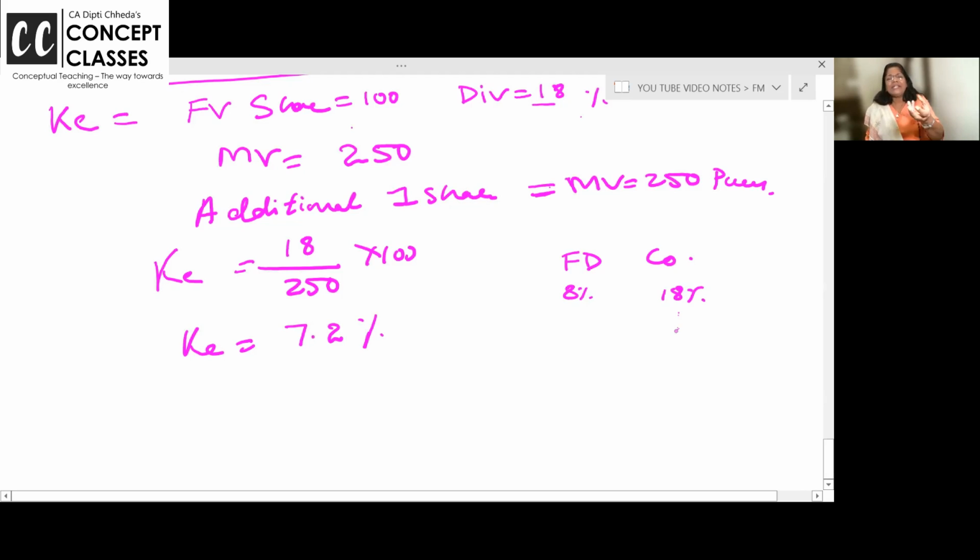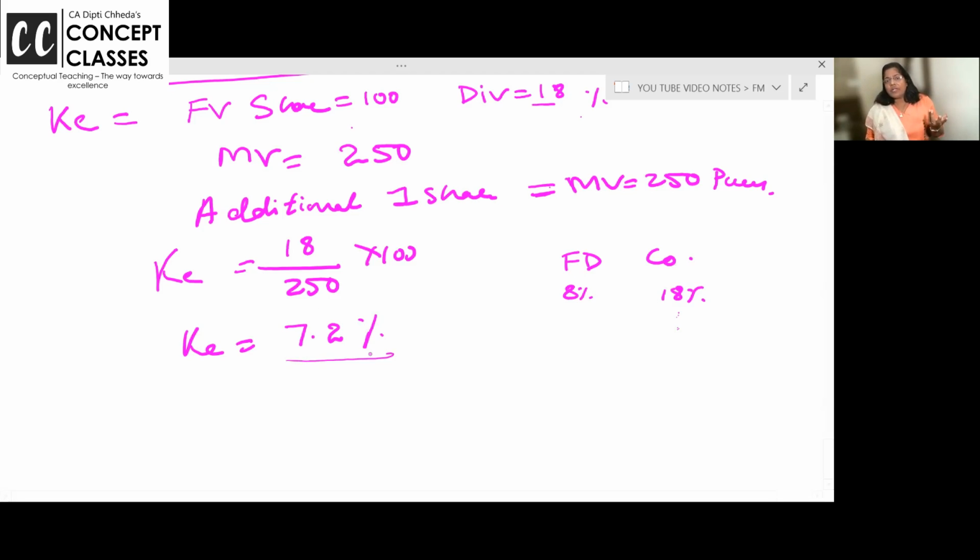Otherwise, you could say, ma'am, 18% is the cost of the equity shareholders. But you are getting 18% on face value. How much money have you put in the company? 250 to buy one share. And how much return is coming? 18. So you are getting 7.2% return.